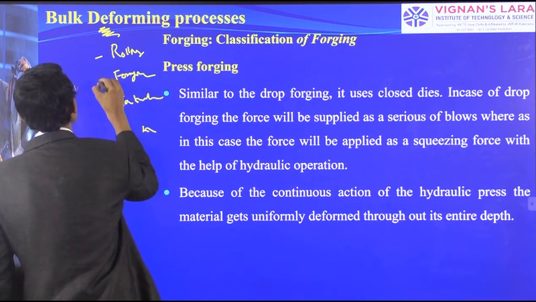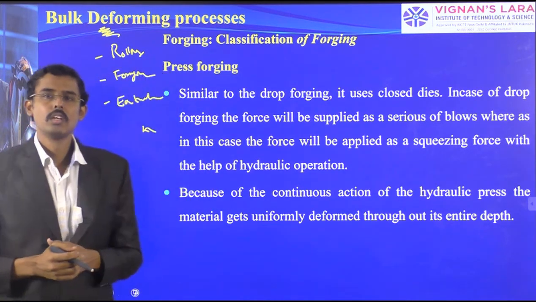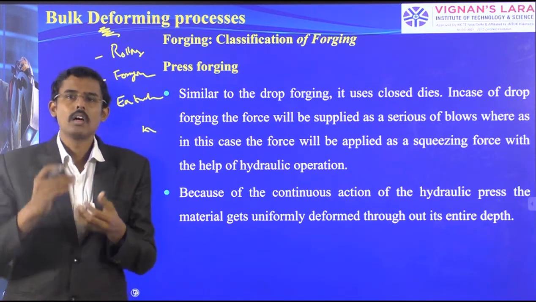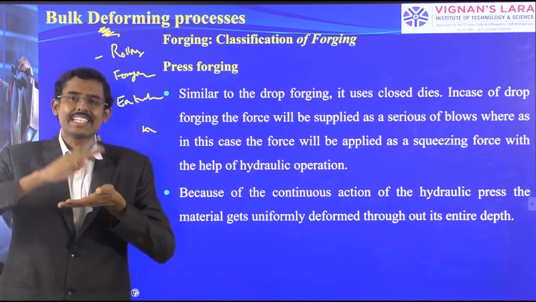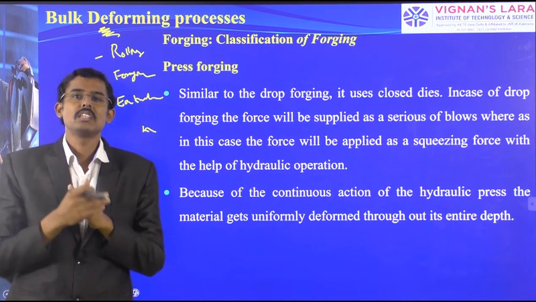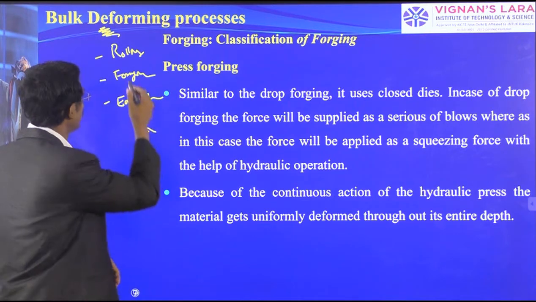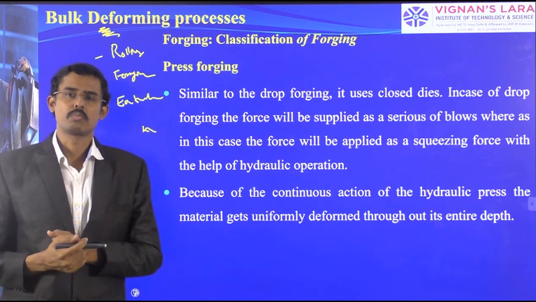These are the various available bulk deformation processes to change the shape or reduce it. The volume will be the same, but we are compressing it into plate format or reducing thickness to increase the strength factors. So those things can be done by these three: rolling, forging and the extrusion process.